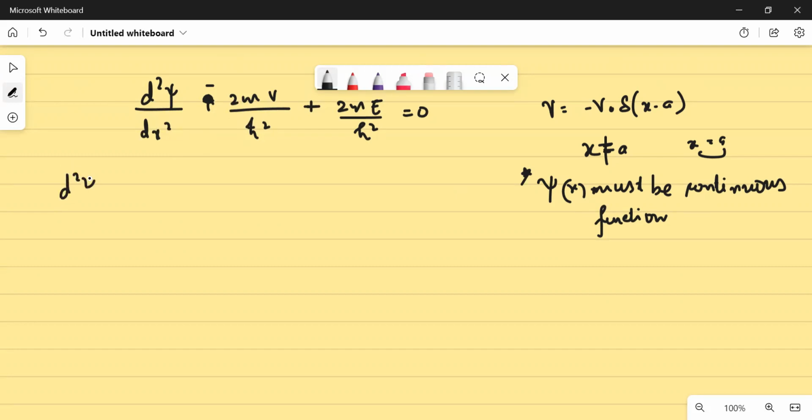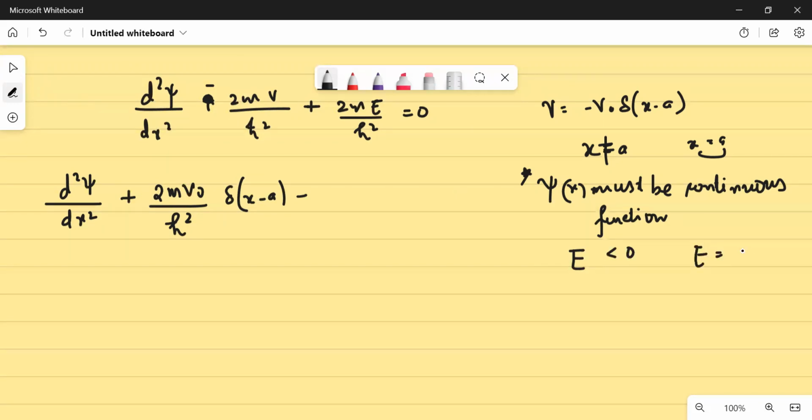In this particular problem, I will first write the entire thing so that it doesn't bother you much. Since we are talking of a bound state, the energy must be negative, so I can write my E as minus modulus of E. So this will be d square psi upon dx square plus 2m V upon h bar square psi minus 2m modulus of E upon h bar square psi is equal to 0.